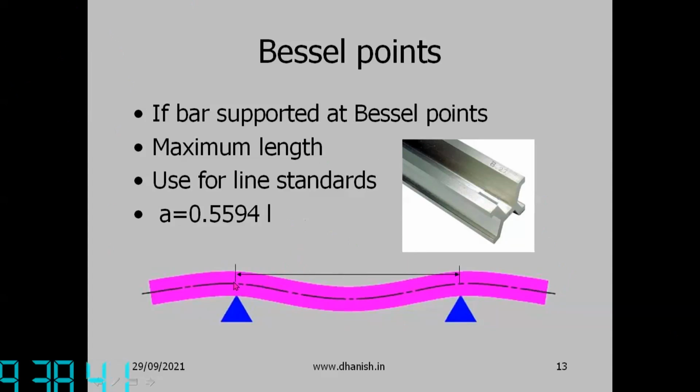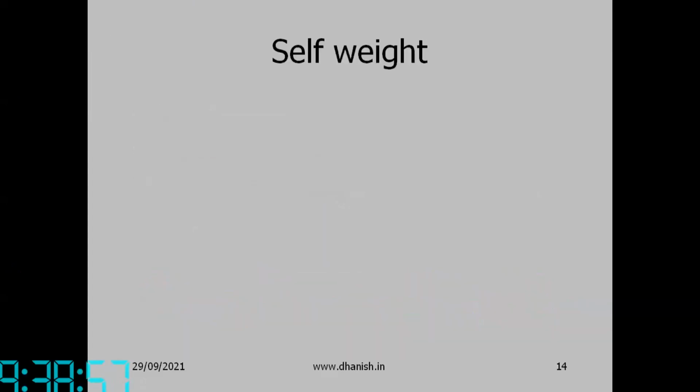So the distance between the 2 supports is A. So A should be equal to 0.5594 L to get maximum length of the length bar. So these are the 2 cases about sag due to supports.